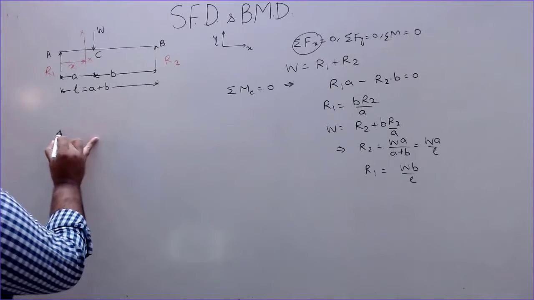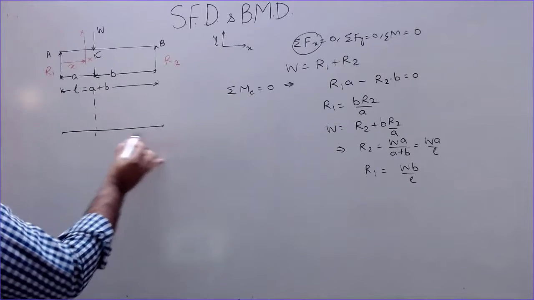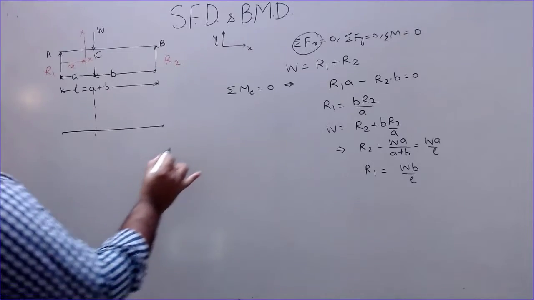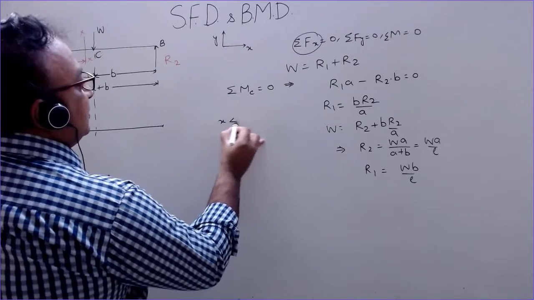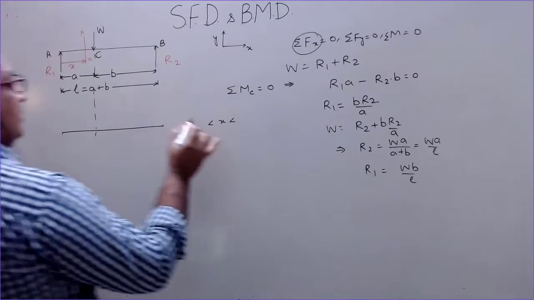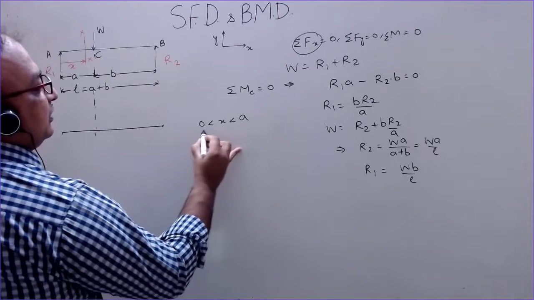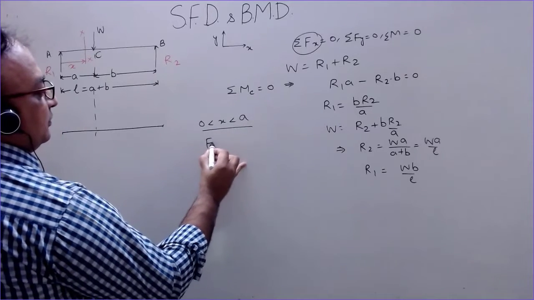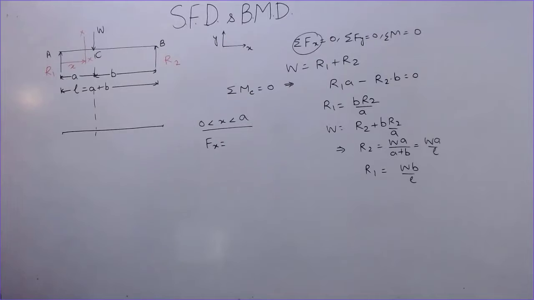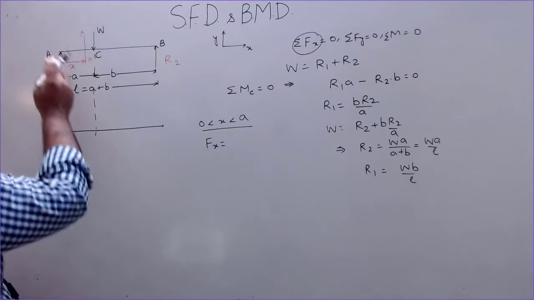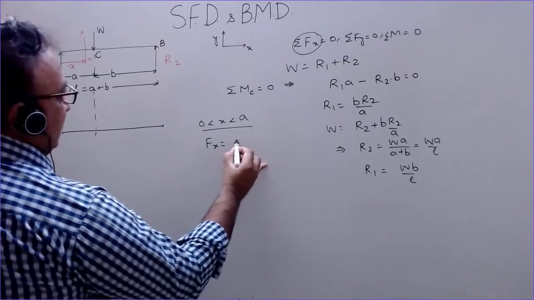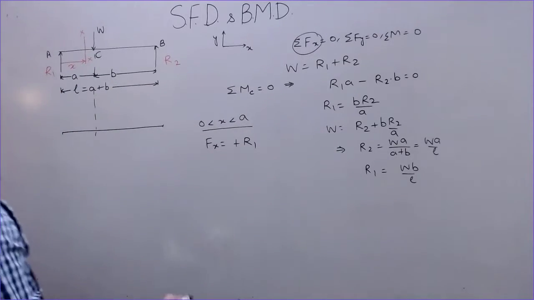So let us draw them. For x lying between 0 and A, here x is 0 and here x is equal to A. For this condition, what is the shear force? At a cross section at a distance x, the shear force is the force on this side of the section, which is R1, and it is positive as per our sign convention.